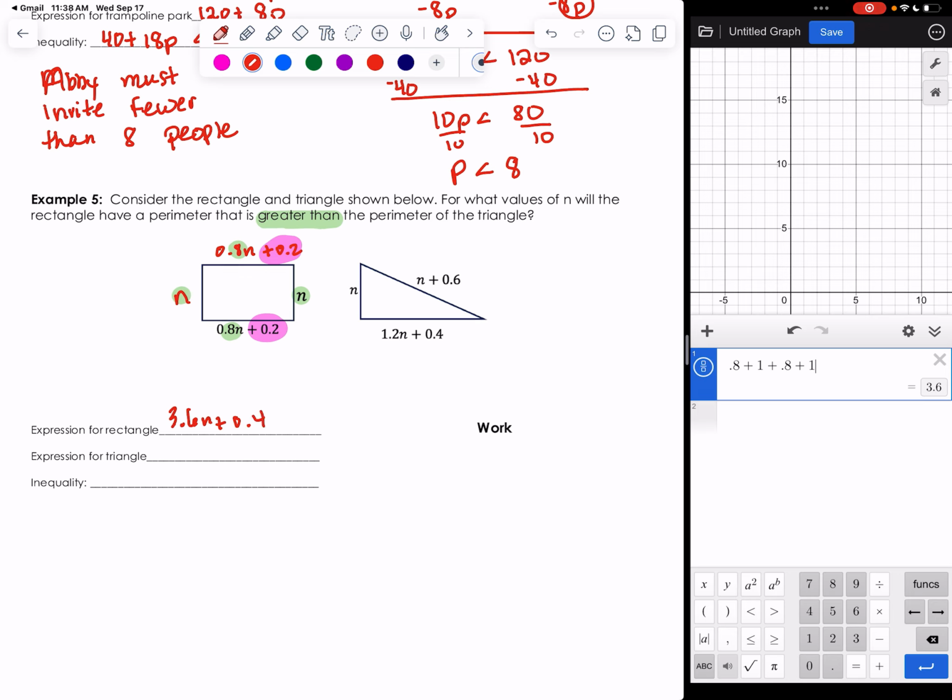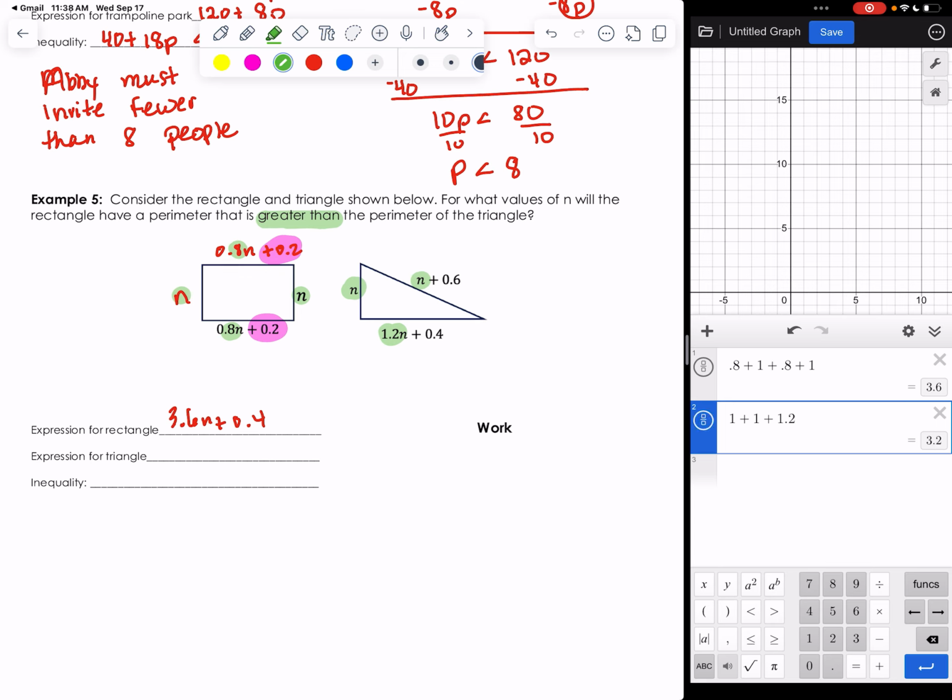Now, for the perimeter of the triangle, I'm going to add those 3 sides together. So let me highlight my like terms here. I have 1n plus 1n plus 1.2n. If it makes you feel more comfortable, you can put that in your calculator, or you can solve it in your head.